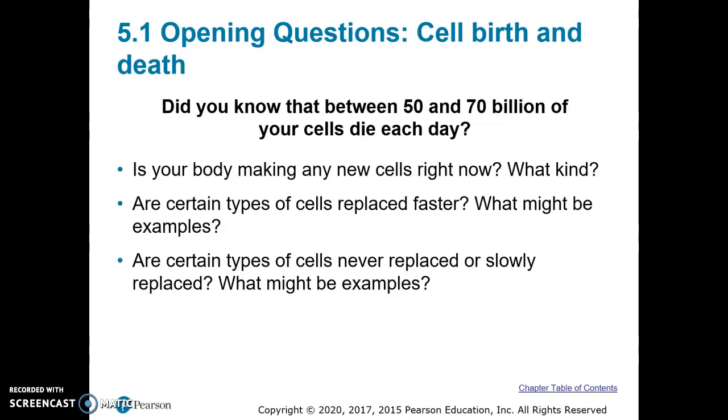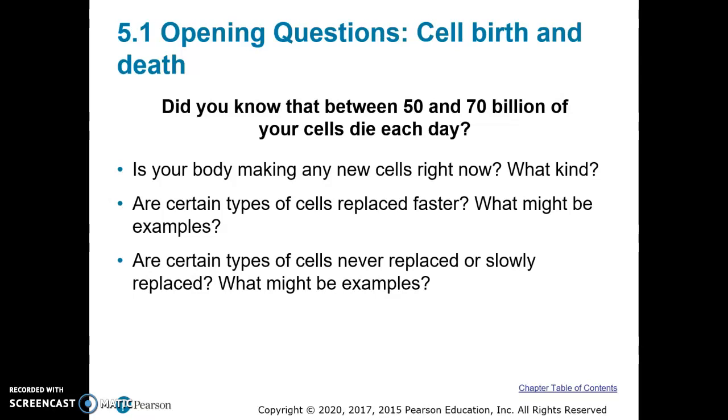Skin cells are an example of a cell that has to be replaced pretty quickly. And then there are cells that are never replaced, or they are very slow to be replaced. Can you think of any examples of those? Nerve cells and brain cells, liver cells, lung cells.